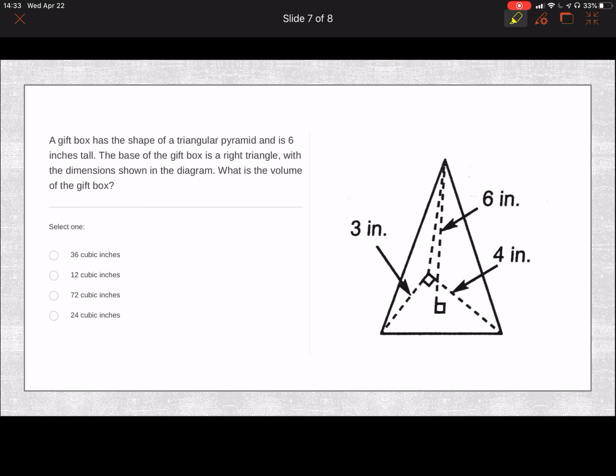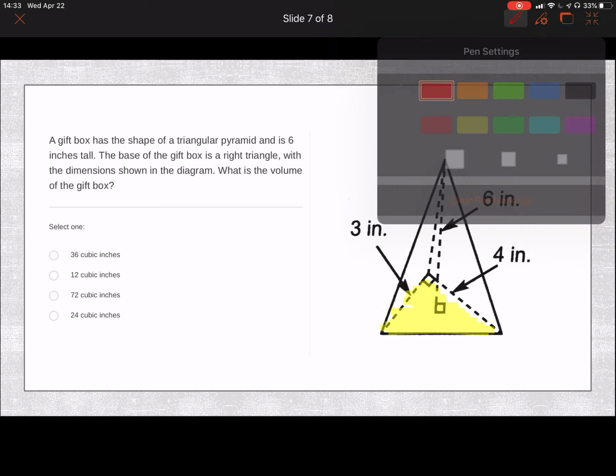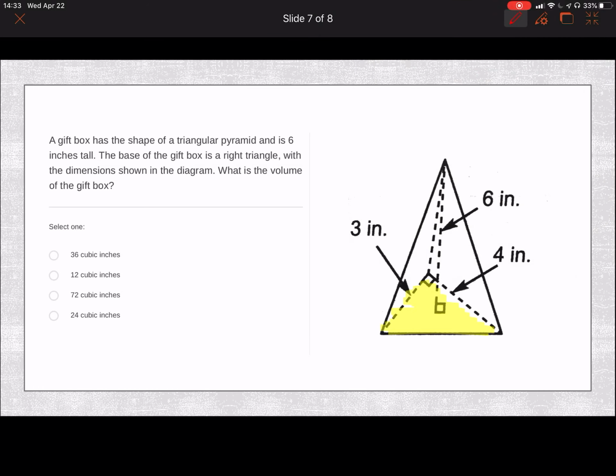Okay. Again, my first step would be to highlight my base. And in this case, we have one base. So our volume formula becomes the formula for a pyramid, which is 1/3 big B H. So again, big B is area of the base. In this case, it is a triangle.